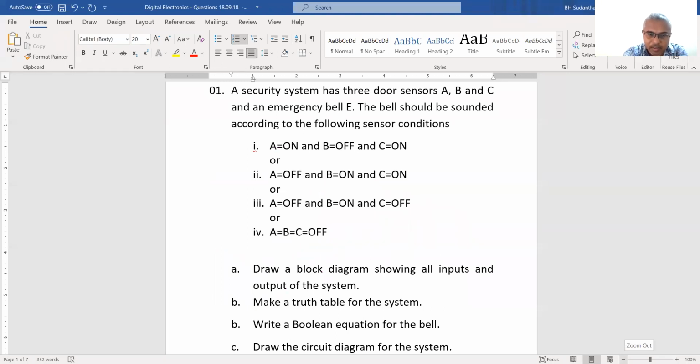But here you have 4 different conditions to turn your alarm on. Then draw a block diagram, make a truth table, write the output Boolean equation and draw the circuit.